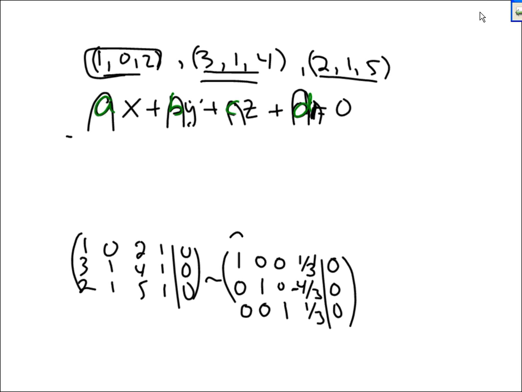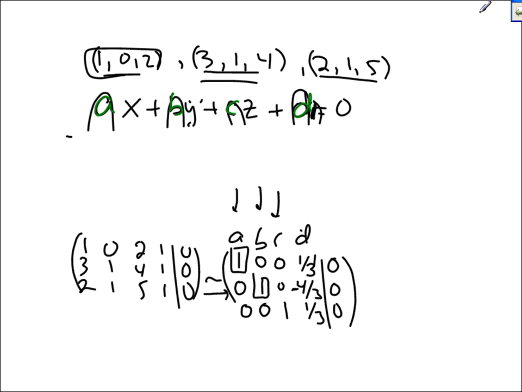The variables are A, B, C, and D. The first column has a leading entry, a non-zero entry for some row. It happened to be row 1. I don't care about that. The second column has a leading entry for, coincidentally, row 2.